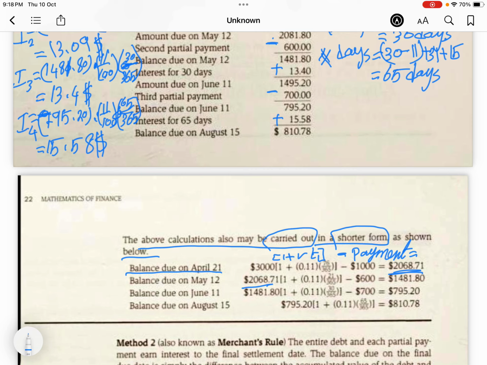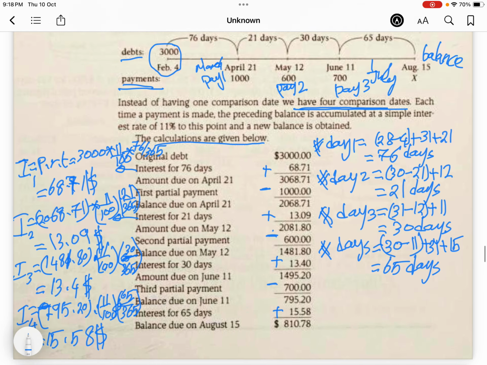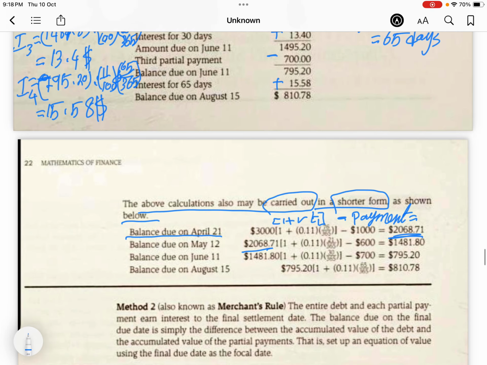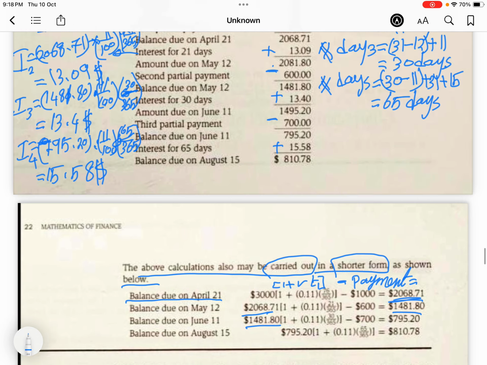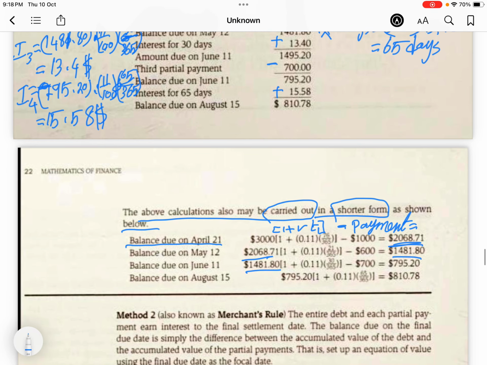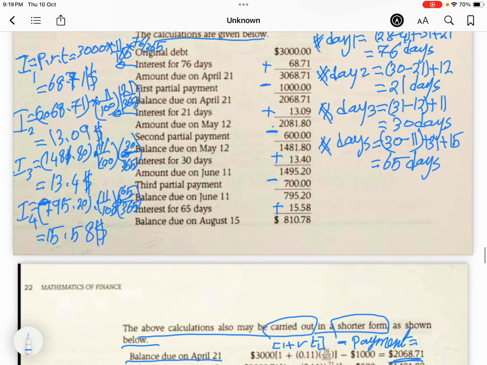minus the coming payment, the second payment, and the balance due on 11 June. It will be this value multiplied by 1 plus 0.11 multiplied by T2, 30 days, minus the third payment, which is 700.